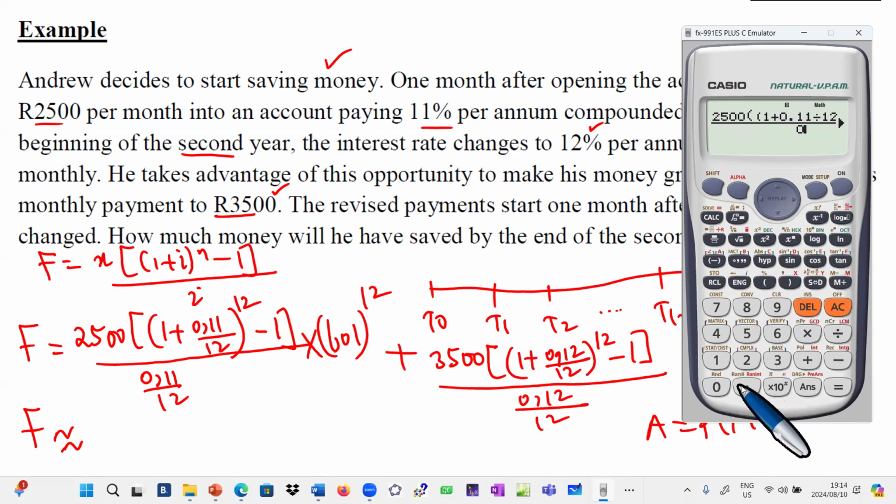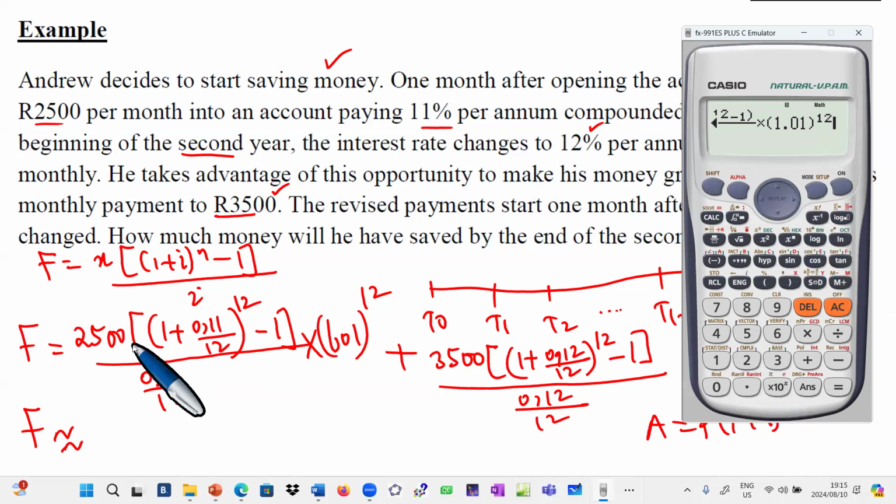Divided by 0.11, divided by 12. Times 1.01. Okay, and then you close the bracket. And then you raise it to 12 because it becomes P.